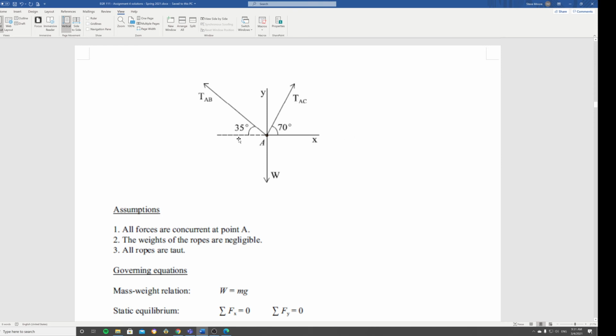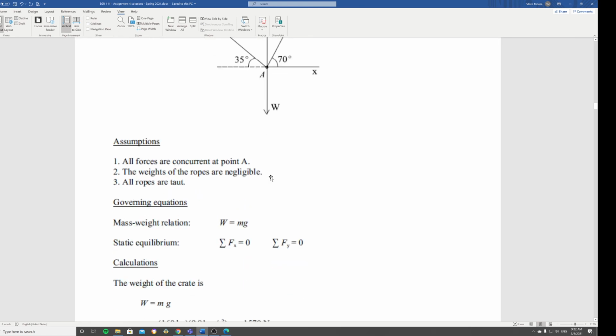Otherwise, this thing would move off in one of these directions. So the tension off to the left is equal to the tension off to the right, or the x component. We could say TABX is equal to TACX, the x component of TAB and the x component of TAC. Those have to be equal.